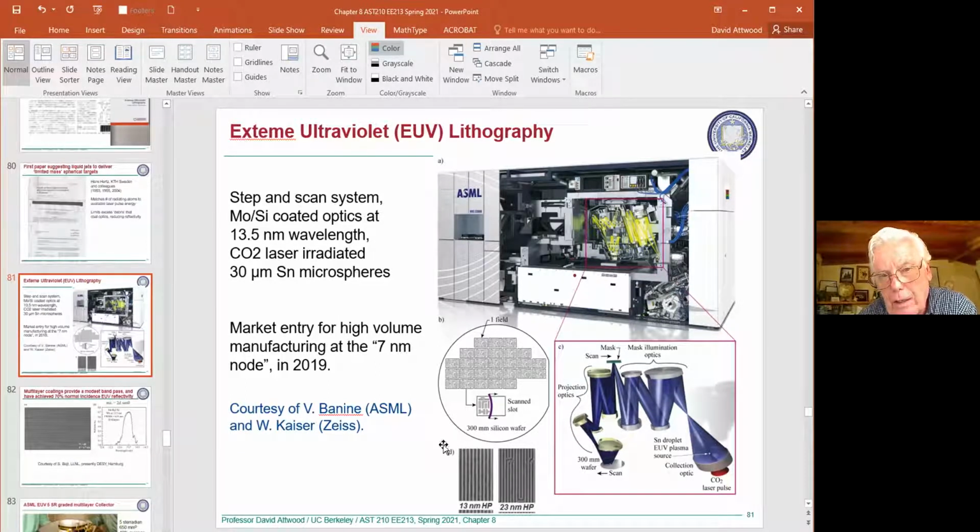So this is showing that on this 300 millimeter wafer, in this system, you print one field, maybe a centimeter by 2 centimeter, rough dimensions. You print one, you step to the other. That's why it's called step and scan. So you scan, you step to the next one, scan again, step, okay?